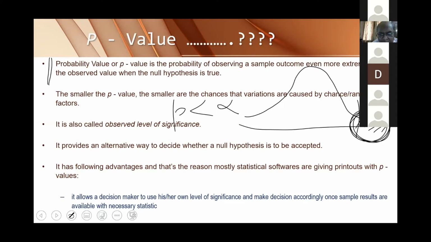Otherwise, we should accept our null hypothesis. P-value is also called observed level of significance. It provides an alternative way to decide whether a null hypothesis is to be accepted or rejected. And most of the software you will find is giving you the probability value, and you decide on the basis of your level of significance whether null is to be accepted or rejected.